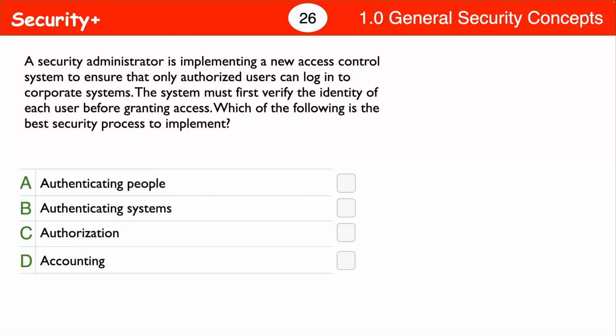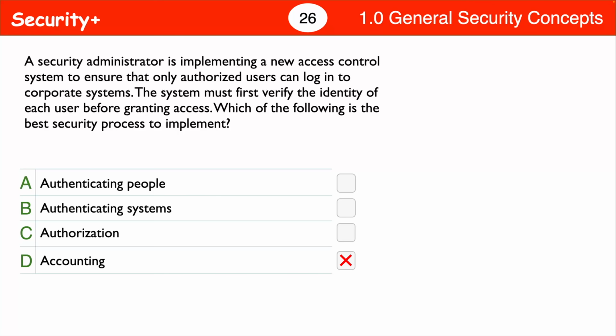So let's do the process of elimination here. We can start by eliminating D, accounting. We're not talking about accounting when it comes to money management. This involves tracking user actions such as logging access, times, and resource usage, but it does not verify identity.